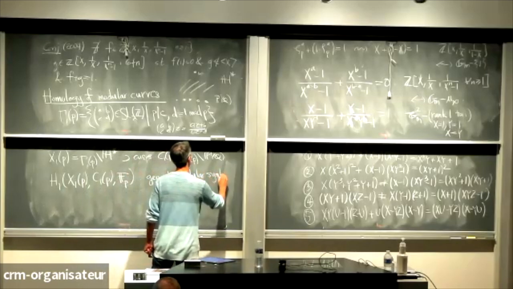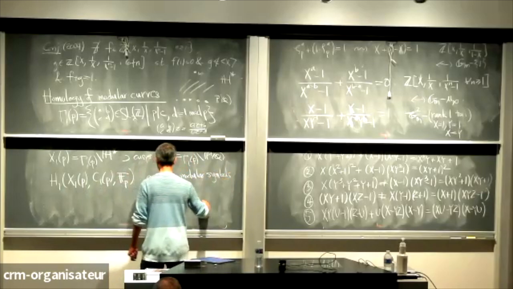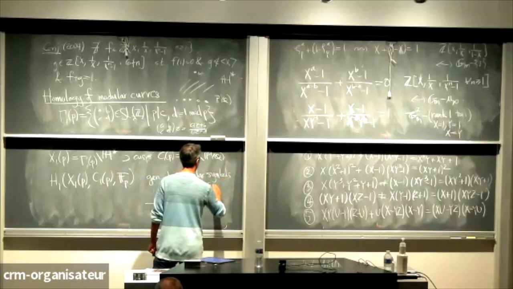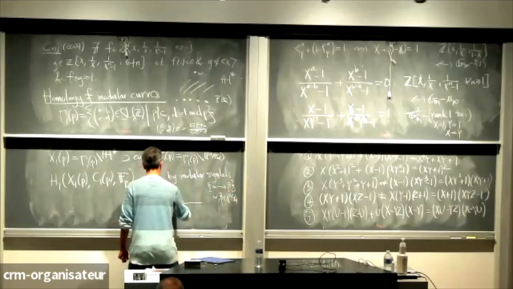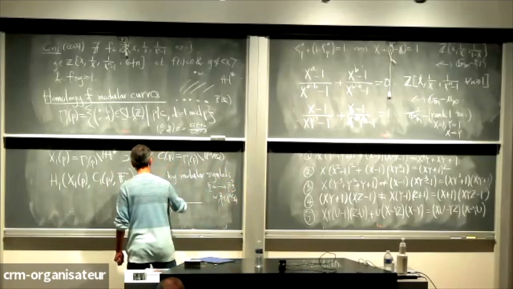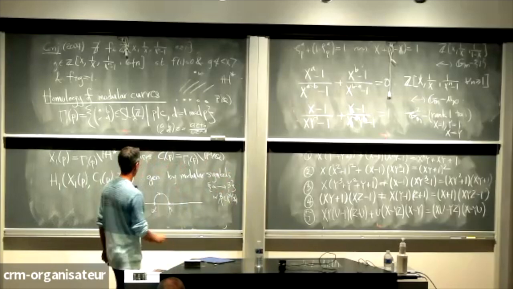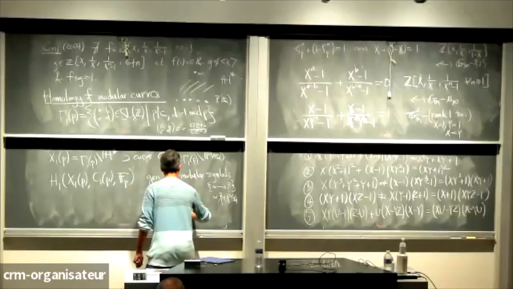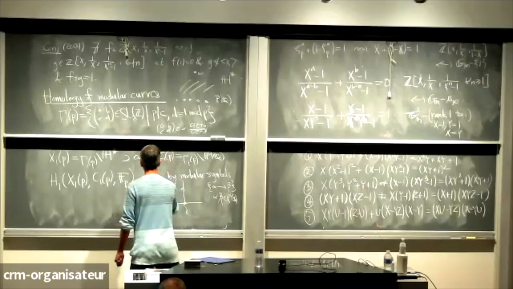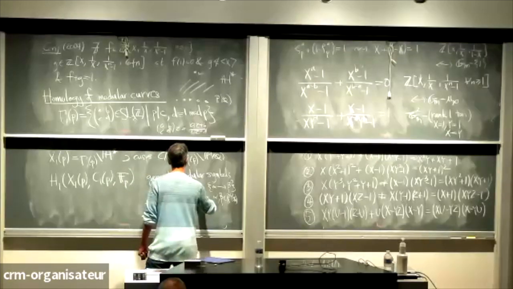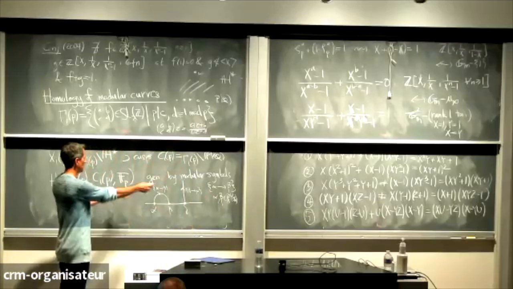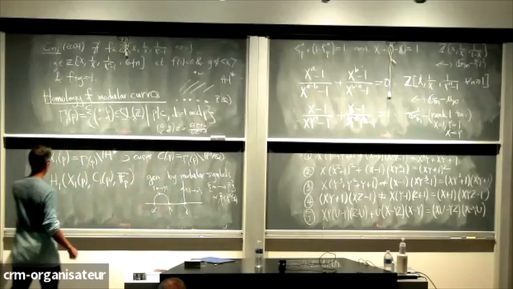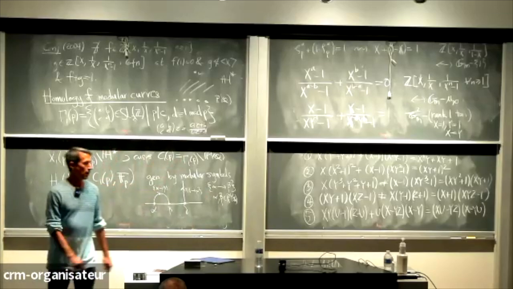So if I want to think of this on the upper half space, if I have, let's say alpha, beta in P1(Q), I have an alpha here and a beta here, and I can draw a semicircle here, the geodesic, or I might have a gamma here. And so this is like {alpha, beta}, and this is {gamma, infinity}. Because H is sort of simply connected, these generate this relative homology group.